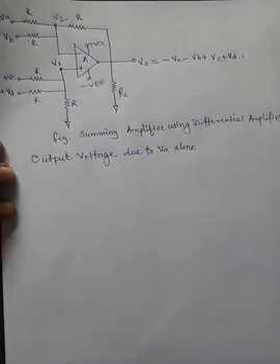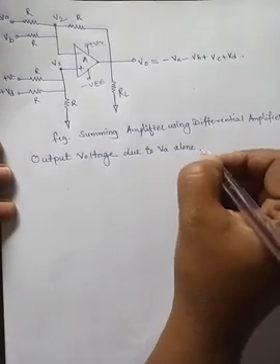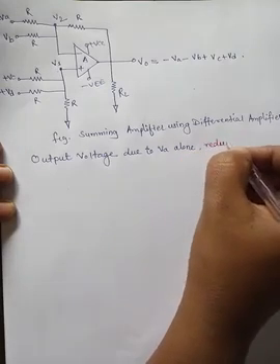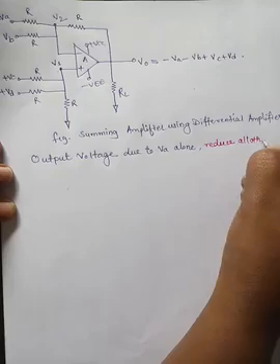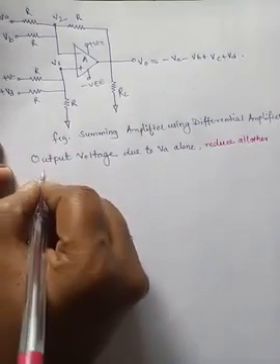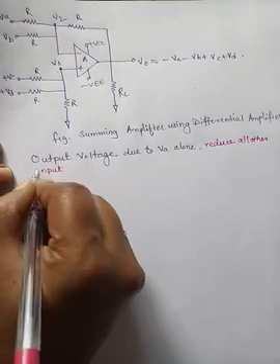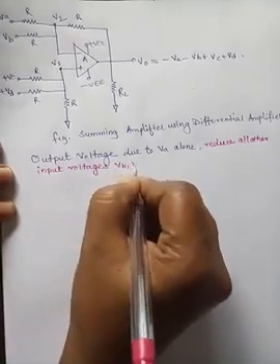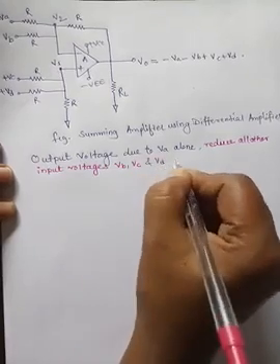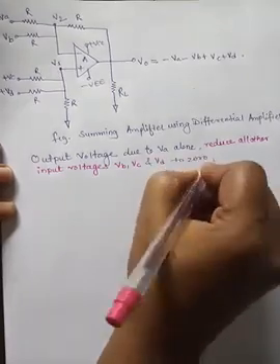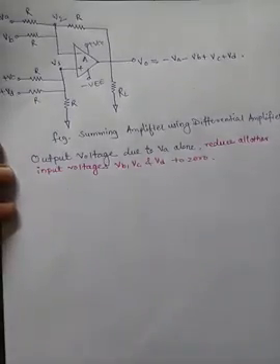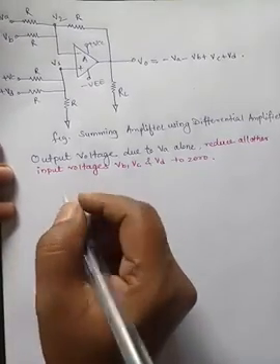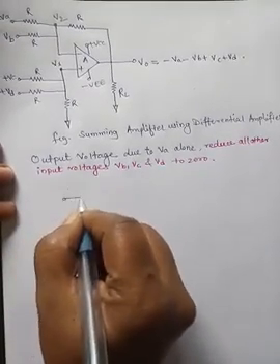When VA alone is there, then all other input voltages, VB, VC and VD, reduce to 0. So we can also redraw the circuit for such a case, that is, only VA is present and all other sources are 0.